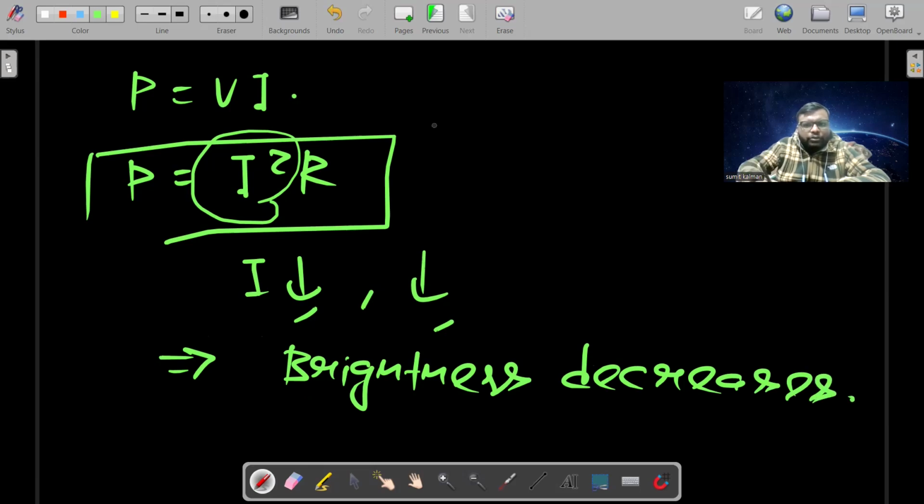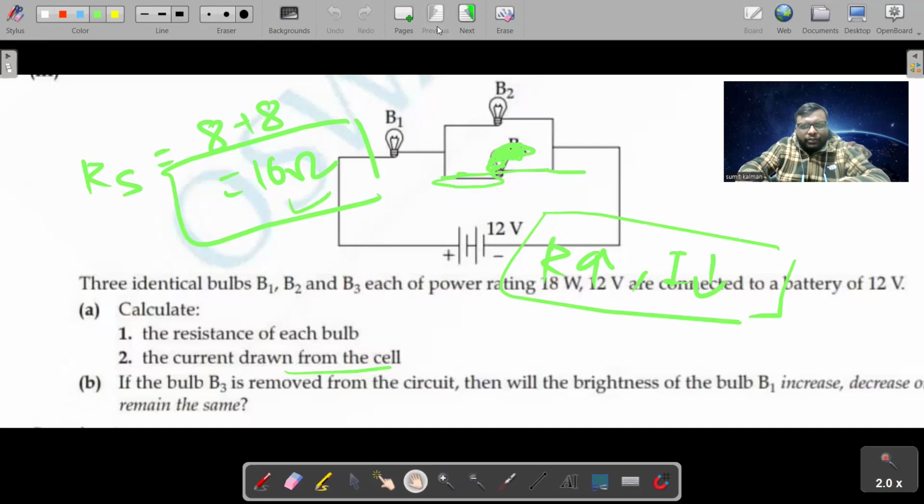So this was the solution of this problem. And students, you have to be careful with the equivalent resistance in series and parallel combination. Students, if we have resistances in series, we just add. And if we have resistances in parallel, suppose we have two resistances, then the equivalent resistance is given by 1 upon R1 plus 1 upon R2.